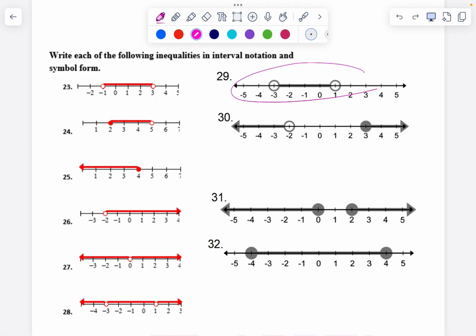All right, Aliana, that one. And, good. Hudson, how about that one? It's kind of a trick question because it's just the one, right? Is this a compound inequality? No, not a compound inequality.